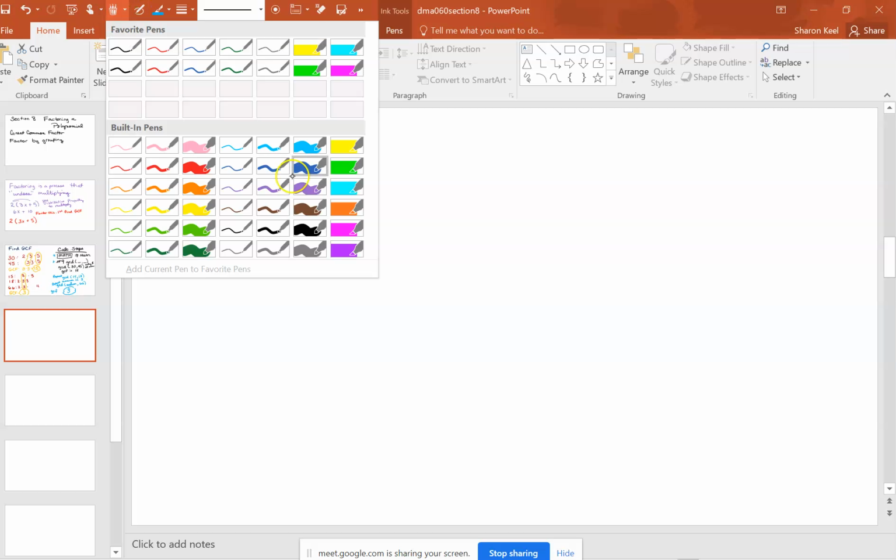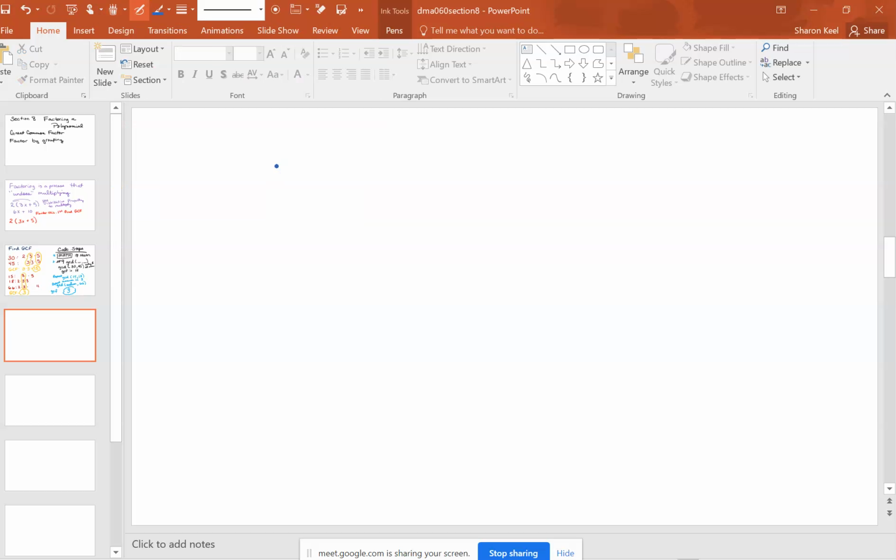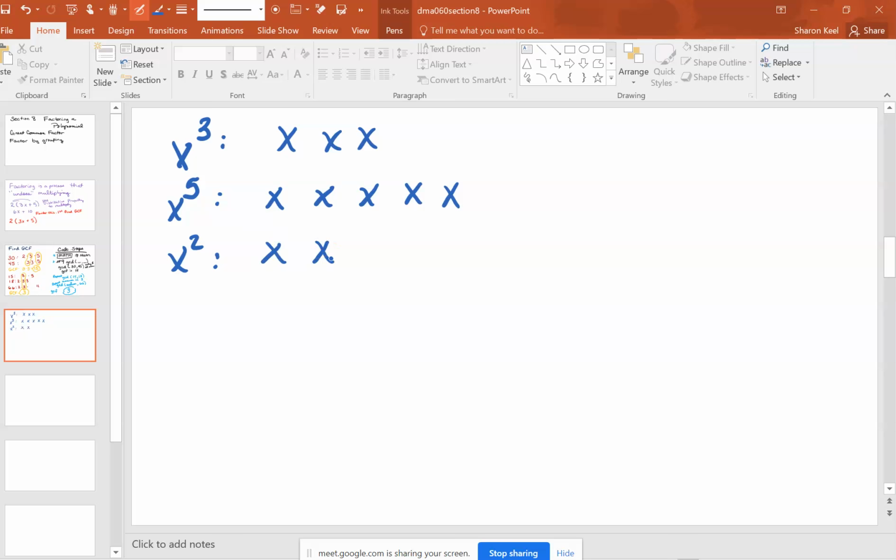When you have just variables, though, it doesn't work quite the same way. Let's say we have an x cubed, an x to the 5th, and an x squared. If I want to find the greatest common factor of these, the first one has 3 x's, the second one has 5 x's, the third one has 2 x's.